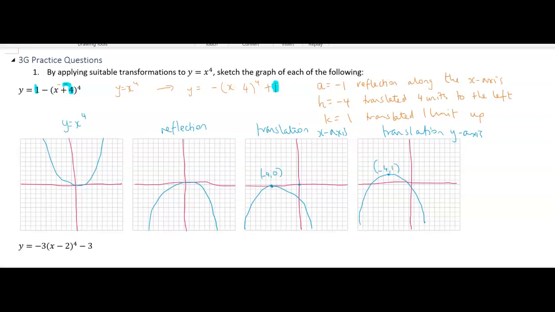Just rewriting this plus as negative, negative. So you can see there's the coordinates of your turning point, negative 4, 1. If you're ever unsure, you can always check: is my turning point correct? No? Well, what have I done incorrectly? You also don't need to follow each step. It's just to show you how to get there.